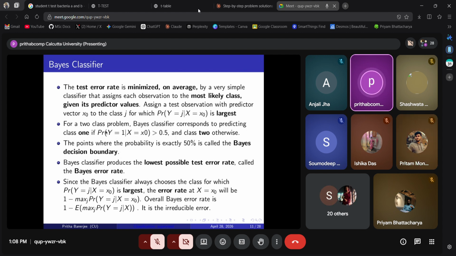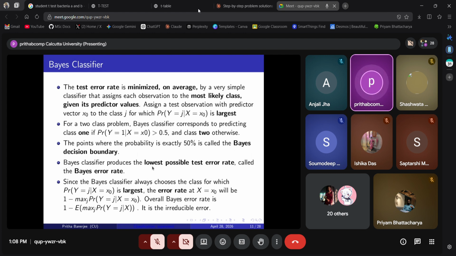The points where the probability is exactly 50% are called the Bayes decision boundaries. About those particular entries, it's a little vague which side they will go.